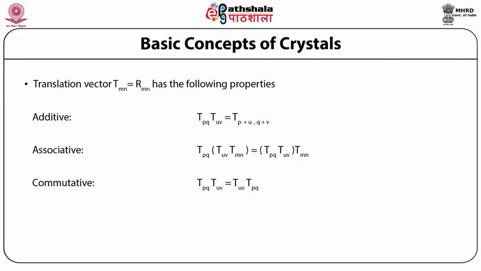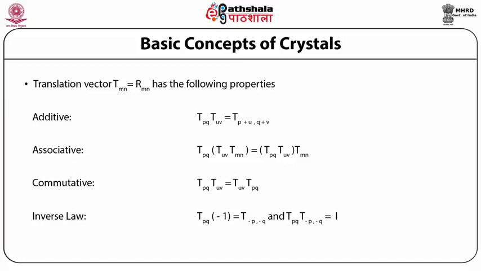And then this last is inverse law, which tells you that if you perform a lattice translation operation T_pq, and then you inverse the coordinates, I mean you make these coordinates negative, it will be equivalent to performing an operation T_(-p),(-q).